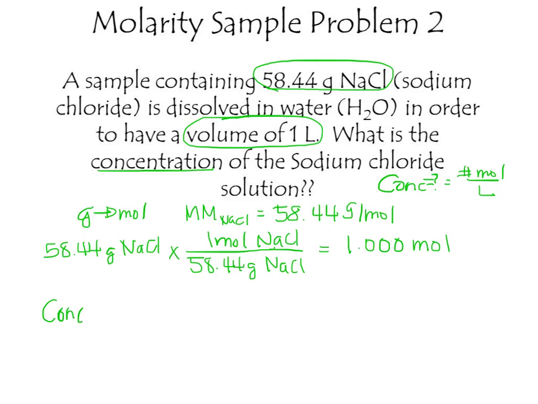So concentration is equal to 1.00 moles divided by 1 liter, and that should give you an answer of 1 mole per liter. And again, I can shorten that to 1 capital M because capital M is the same as moles per liter.